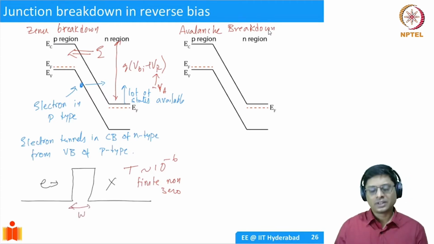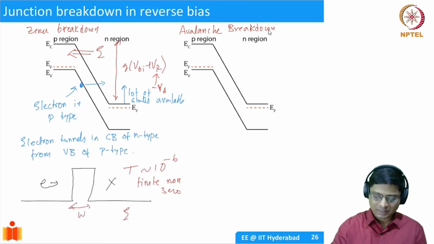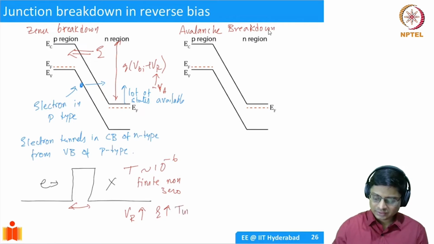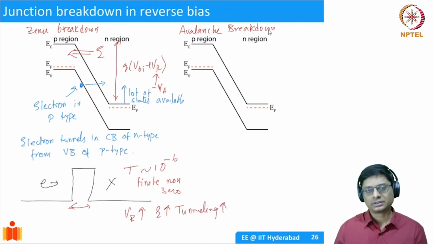If your electric field is increased, or rather the applied voltage is increasing, as V_R increases, the electric field increases because the gradient is stronger. And because of that, tunneling increases. So this current is called the Zener breakdown current.